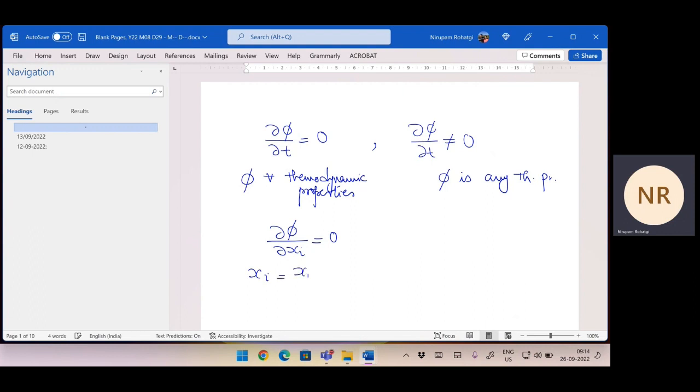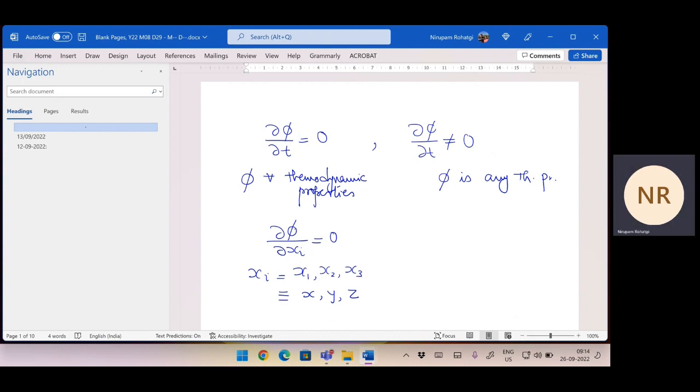Xi is x1, x2 and x3, which is also equal to x, y, z. So if the properties are not changing with change in x, y and z, then it is called uniform system.